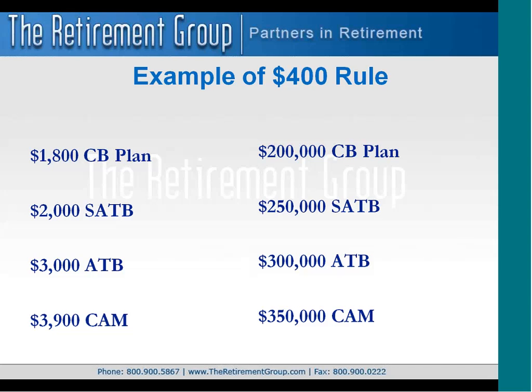If there's more than $400 difference between the two, they're going to get the second highest, plus the residual annuity. So they do get a partial lump sum, which in many cases is the cash balance, and then a residual CAM annuity. But they're not going to get two lump sums.